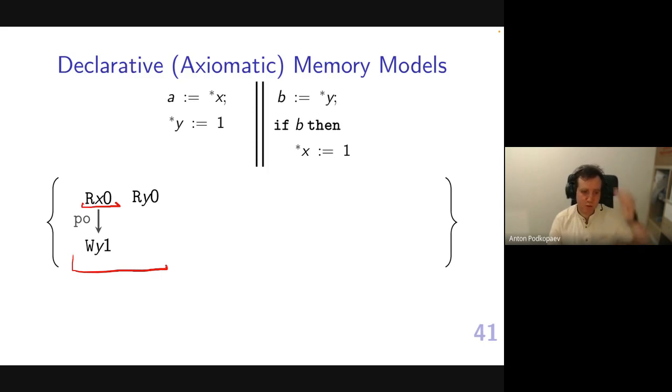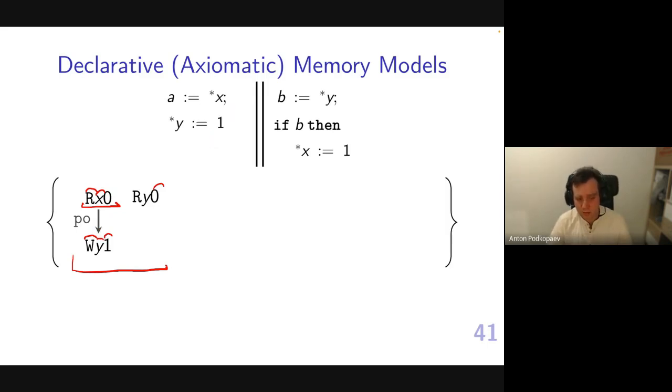Here we have two types of accesses: read accesses and write accesses. The accesses are marked with the corresponding locations and values. So here we have a read access to X, which gets the value 0. The same for Y. This one corresponds to this read instruction, and this one corresponds to that instruction. We also have a write to Y, which corresponds to the write in the left thread.